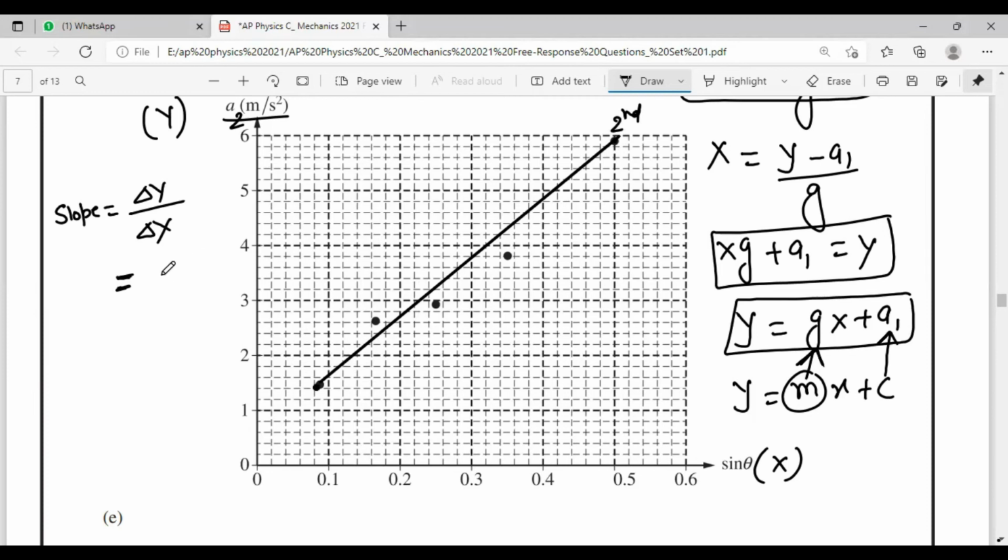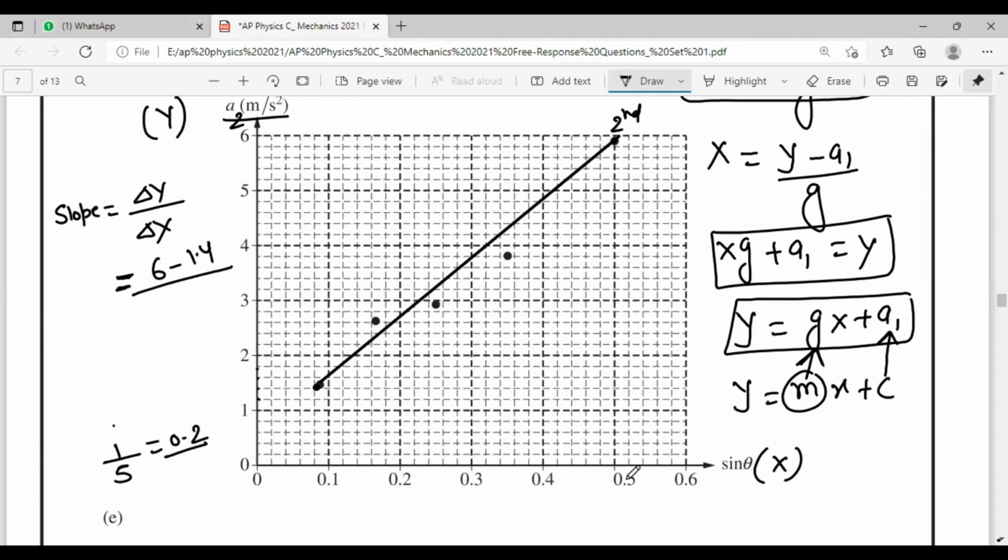So y2 is basically 6. So 6 minus, see, 1, 2, 3, 4, 5, so one part is basically 1 upon 5, that is equal to 0.2. So this is 0.4, so 1.4. So 1.4 upon x2 minus x1.